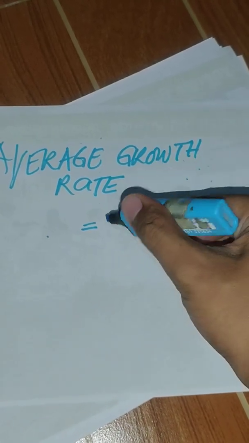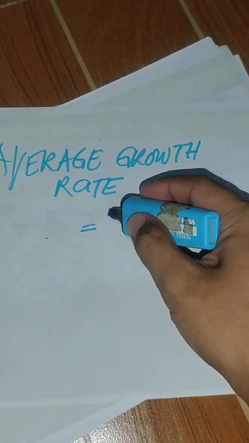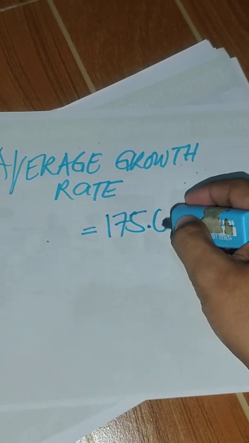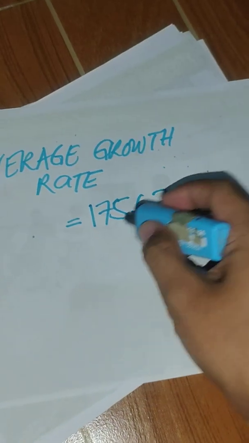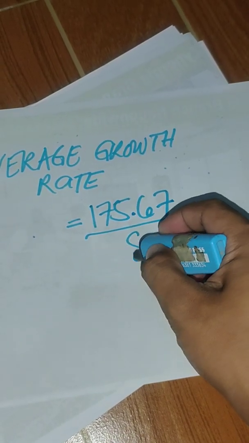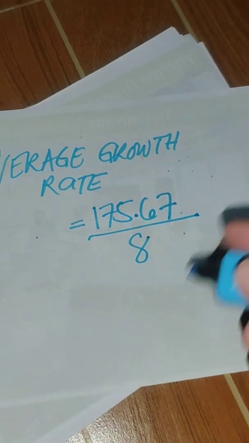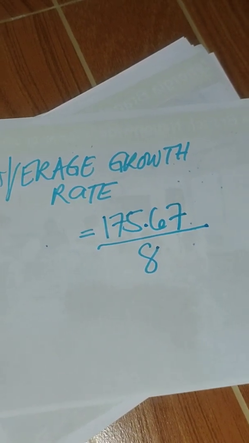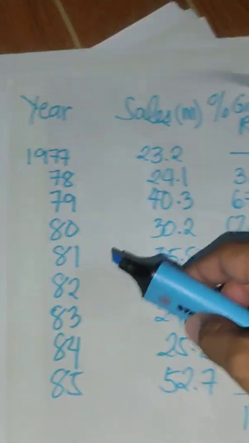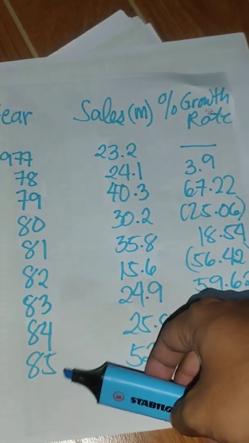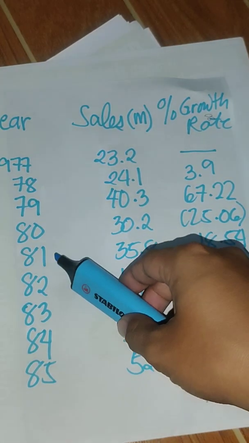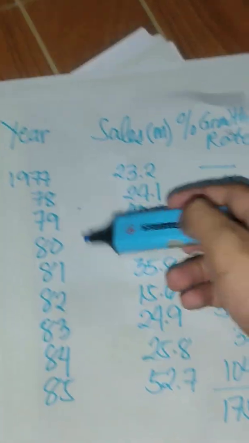It is 175.67 percentage over 8. Asa na ako gikuha ang 8? Balik na punta. 8 came from pila ka years? 85, 1, 2, 3, 4, 5, 6, 7, 8.